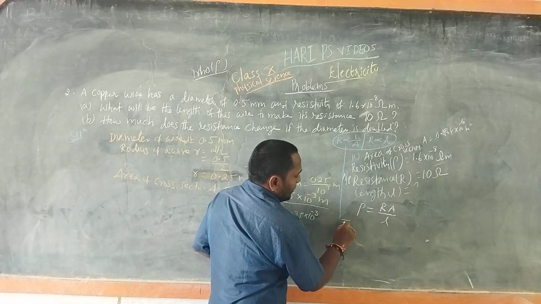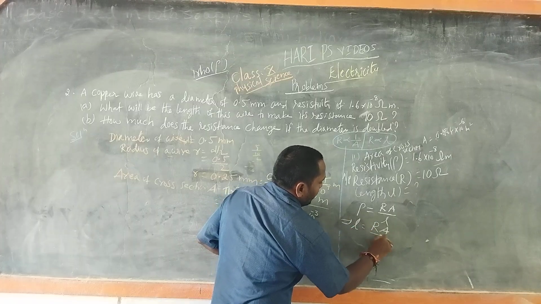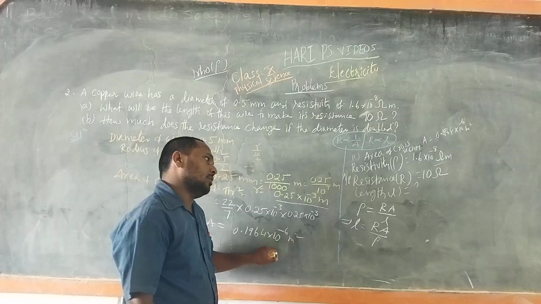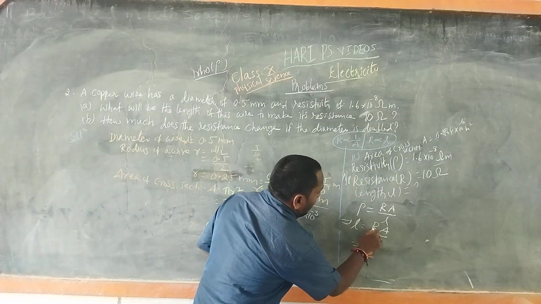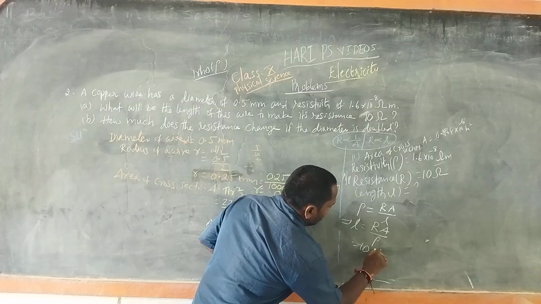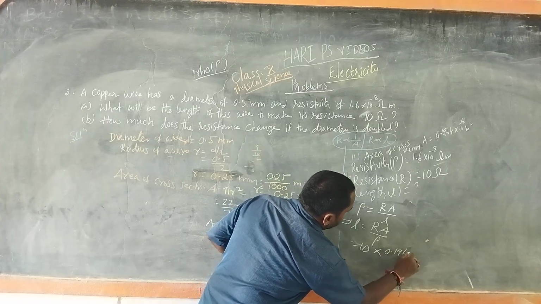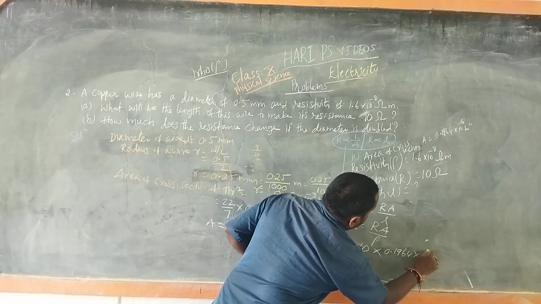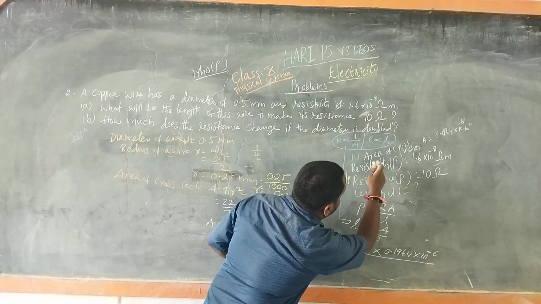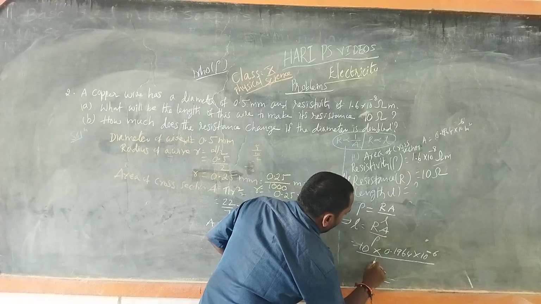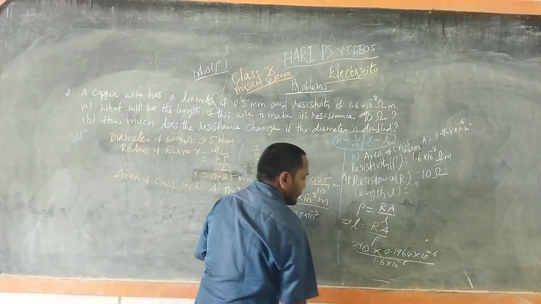So from this we can write L is equal to R A by rho. That is equal to R, now 10, A is 0.1964 into 10 power minus 6, by resistivity 1.6 into 10 power minus 8.